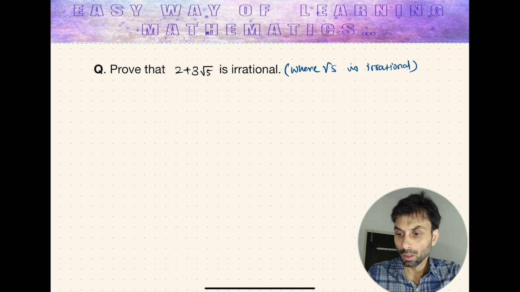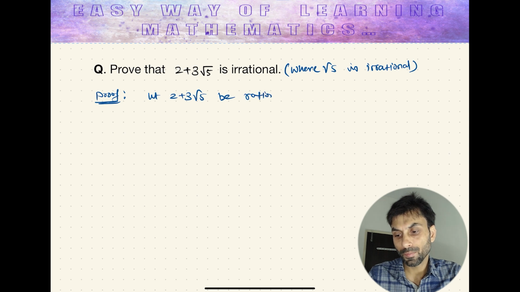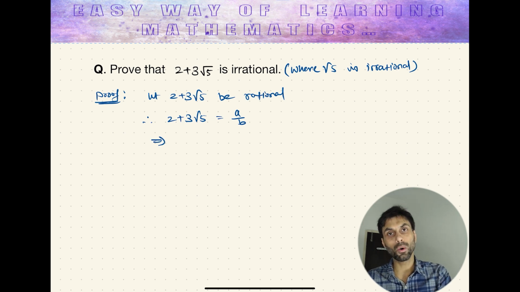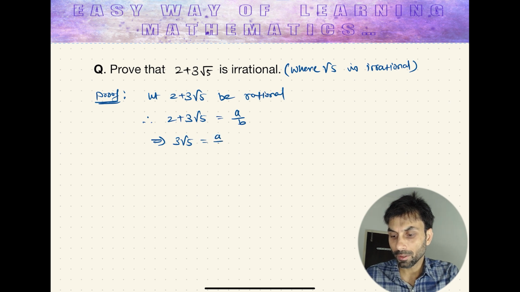Now if you see the proof of it, again we'll assume let 2 plus 3 root 5 be rational, and since it is rational, therefore we can write 2 plus 3 root 5 equals a by b. Now what we'll be doing is collecting all the rational terms to one side and all the irrational terms to the other side. So it will become 3 root 5 equals a upon b minus 2, which will be how much?